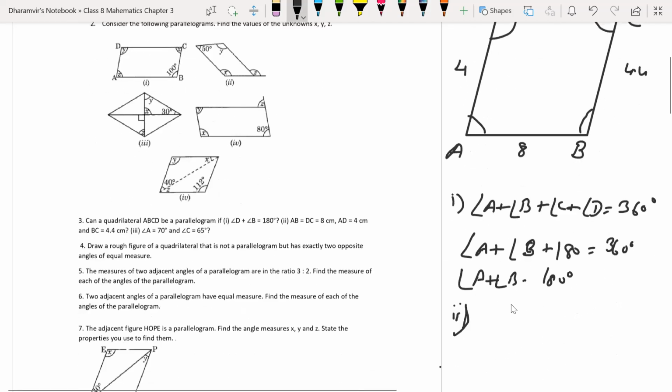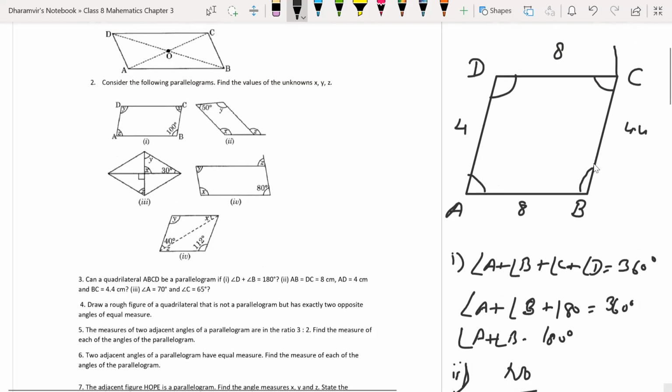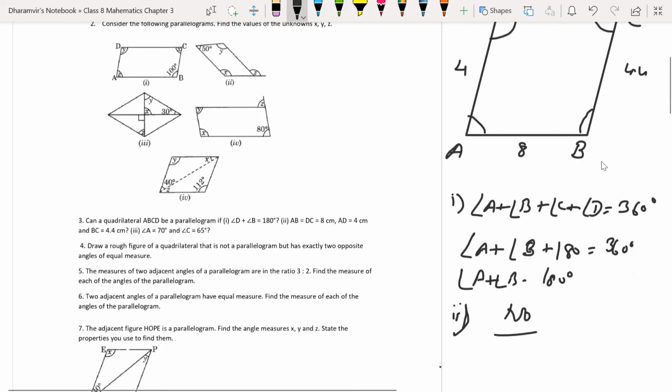No, because the rule states that a quadrilateral is a parallelogram if opposite sides are equal. But here AD and BC are not equal, hence it's not a parallelogram.